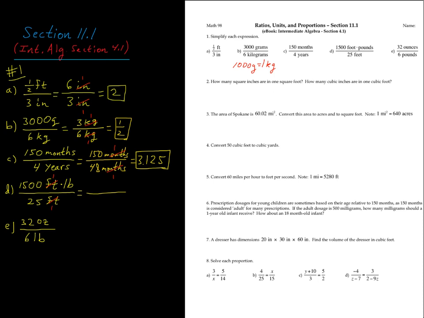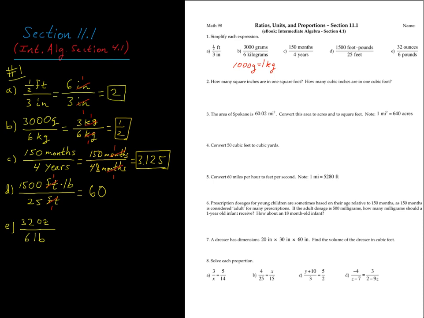I can then divide 1,500 by 25, which is actually a nice whole number. It's going to come out to just be 60 in this case.